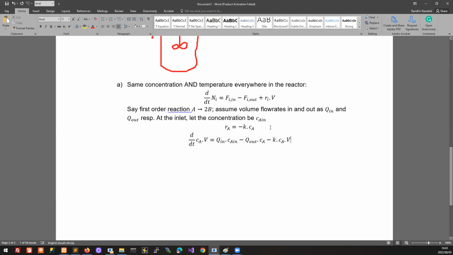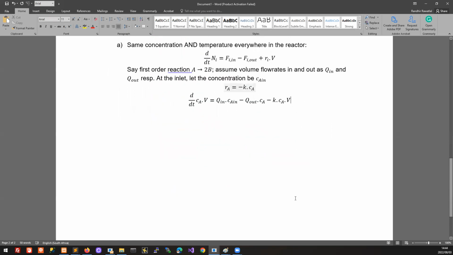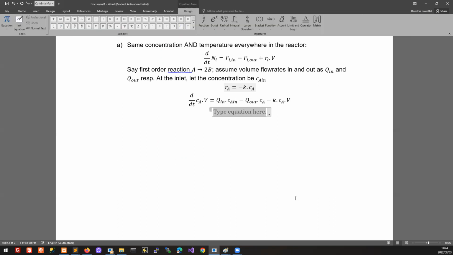Now, we are generally writing this as if Q in and Q out may be different. So the volumetric flow in may be different to the volumetric flow out. And if this is a liquid phase reactor, then there's a certain liquid level that we have to keep track of. So generally, you would want to couple this equation to a separate balance on the total mass in the reactor.